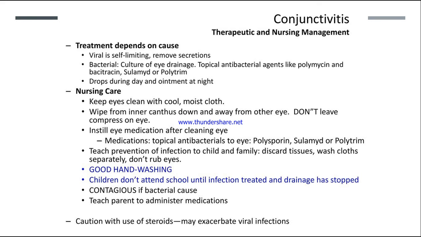Because they can affect the other children as well. It is contagious if bacterial is the cause, and we have to teach the parents to administer the medication, that is, how to put eye drops in the children. Caution with use of steroids. They may exacerbate viral infections, because steroids suppress the immune system.